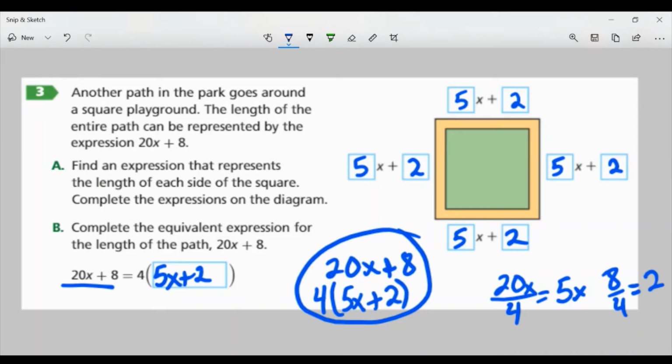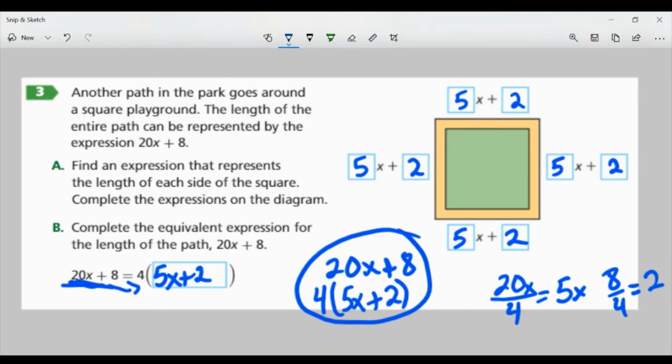So when they ask you to factor the expression, you're going to go from this to this. Find what number goes into both of those terms equally. For 20 and 8, 4 would be your greatest common factor, your GCF.